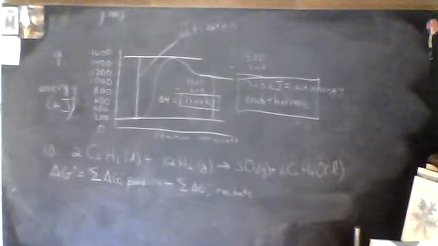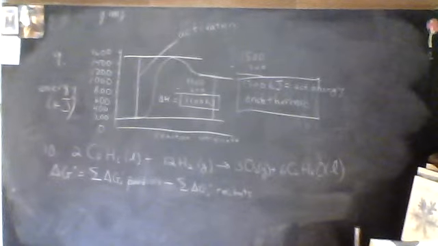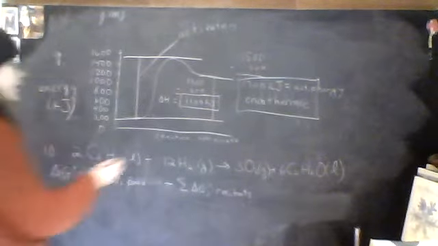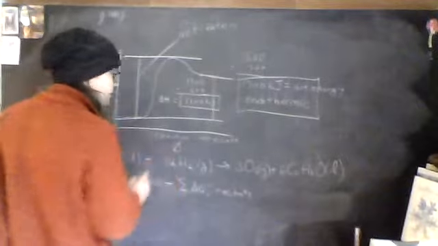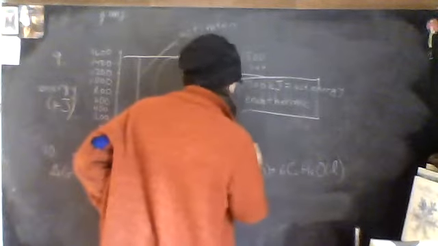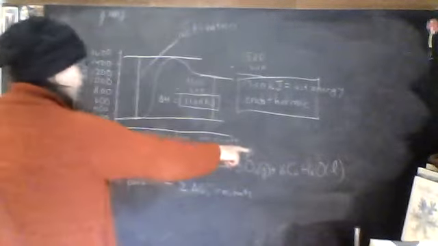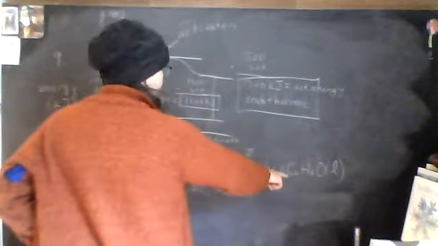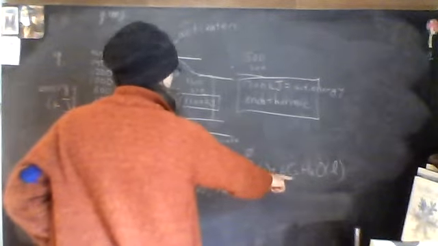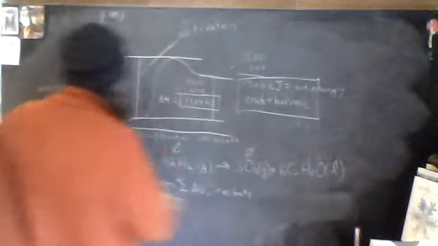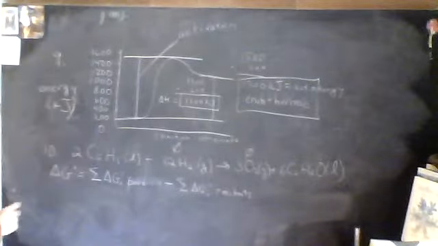Similar to the delta H of formation of elements, it's going to be 0 for these, right? So what we need to do is figure out the summation of the products here, which is only this one, and the reactants here.